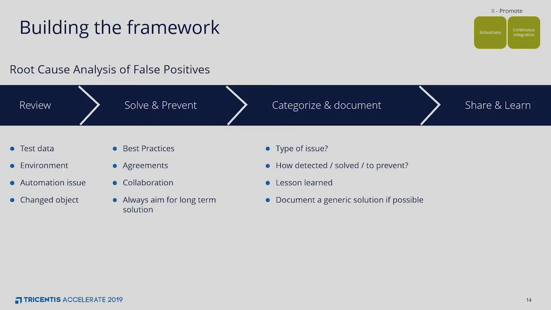From a technical perspective, so the elements robustness and continuous integration, this is the phase where you're going to look at your false positives. So typically in the first phase, you have set up your automation, you might be running your test cases unattended. However, depending on how you've set up your test data and your test environments, you might still get a high false positive rate.